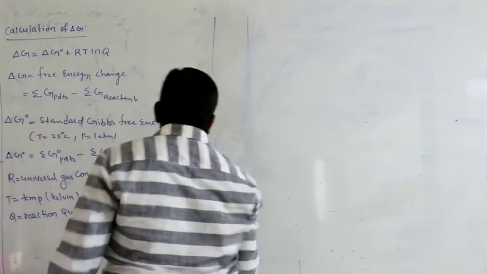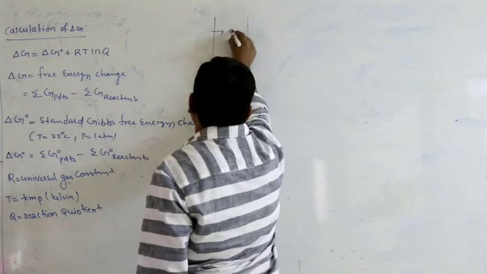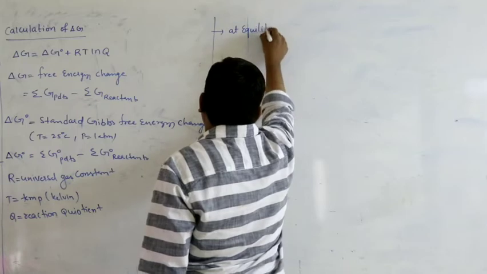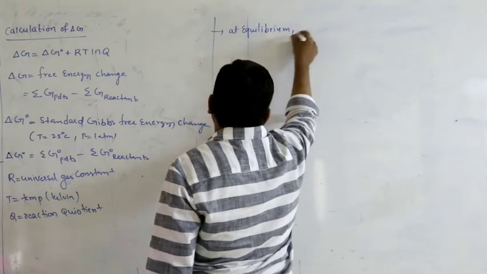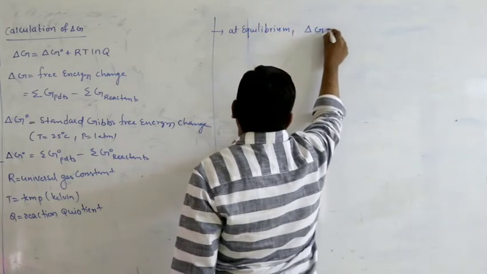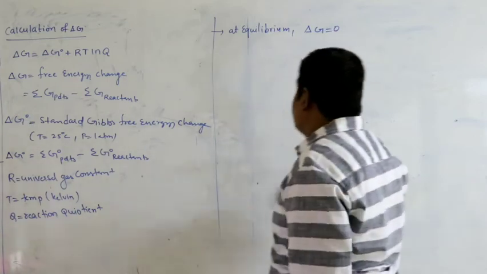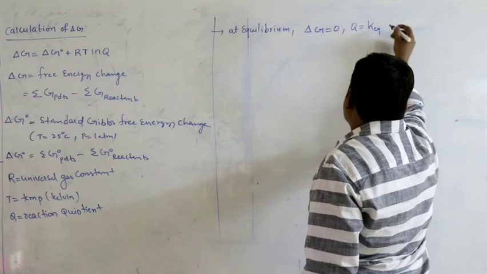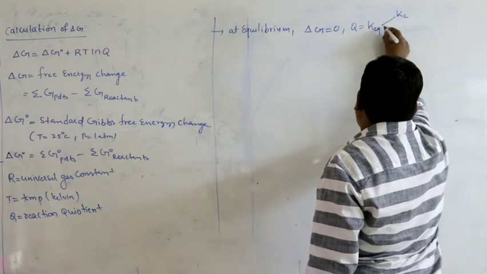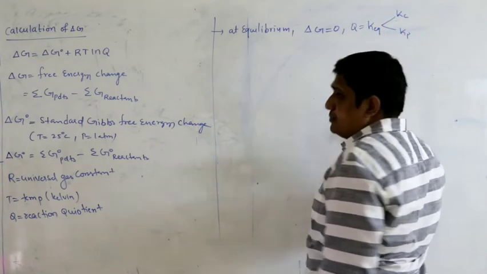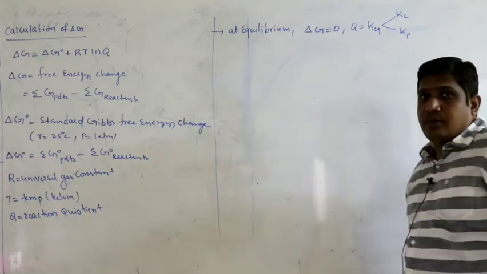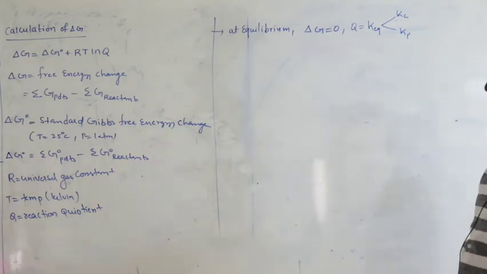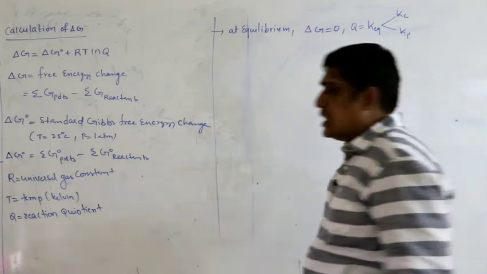If the reaction is at equilibrium, what happens to delta G? At equilibrium, delta G becomes 0 and Q becomes the equilibrium constant. It can be Kc or it can be Kp, remember. In general, I am writing K equilibrium. So if the reaction is at equilibrium, delta G becomes 0 and Q becomes equal to K equilibrium.